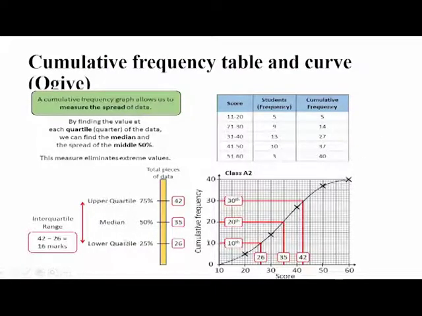If the question says find the lower quartile, it is 25% or 1/4. We call it Q1 for the lower quartile. It's 1/4 times 40. What is 1/4 times 40?